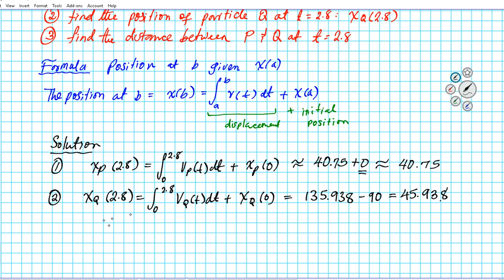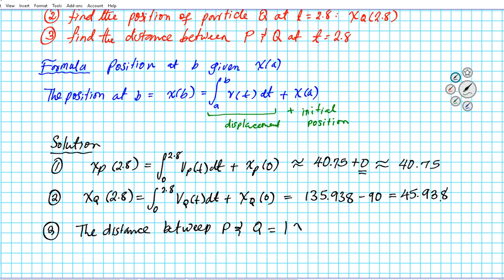Now, let's find the distance between them. Part 3, the distance between P and Q. You know the formula for distance, right? The formula for distance is the magnitude of the change in position.